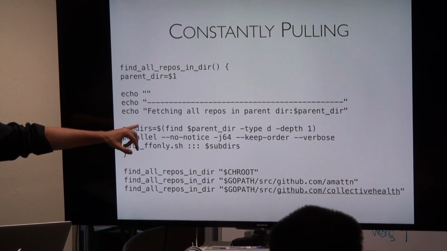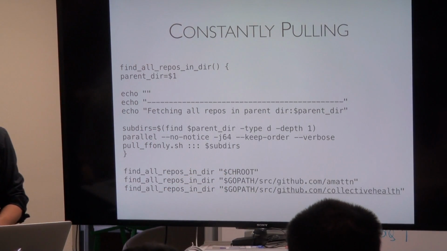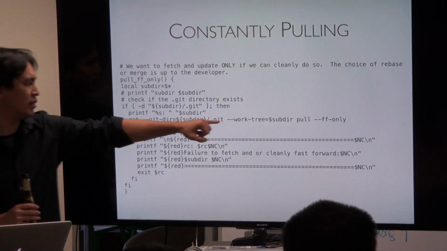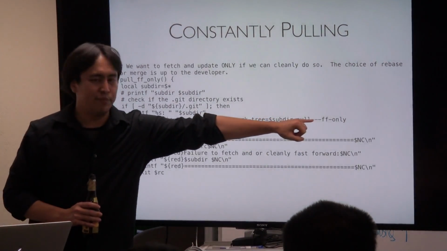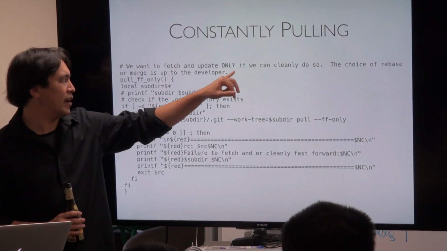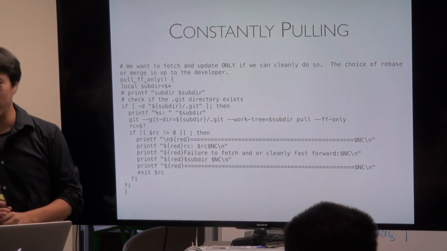So this is just a little script to fetch all the repos in a couple of different paths and do a git pull --ff-only on all of them. The ff-only is important, right? Because what it really says is, if the magical automatic pull fails, then just give up. The developer has the choice of doing a merge or rebase or whatever the developer wants to do.